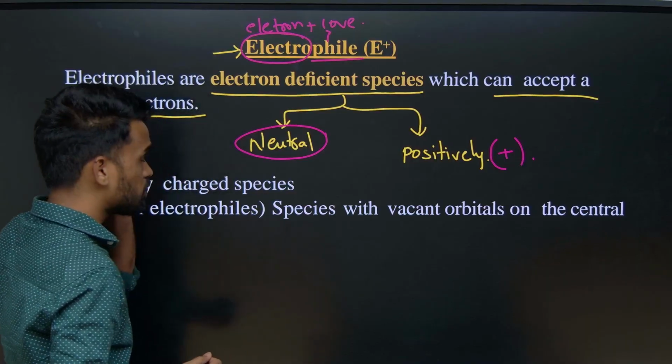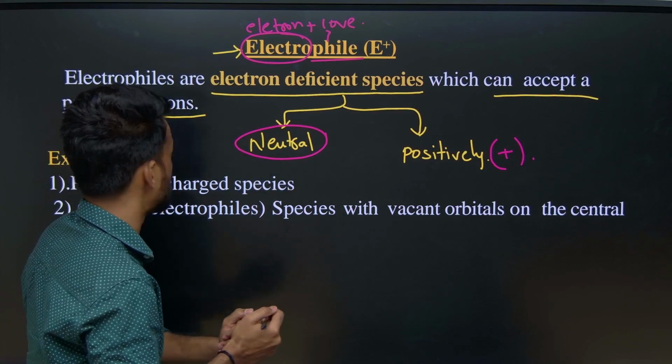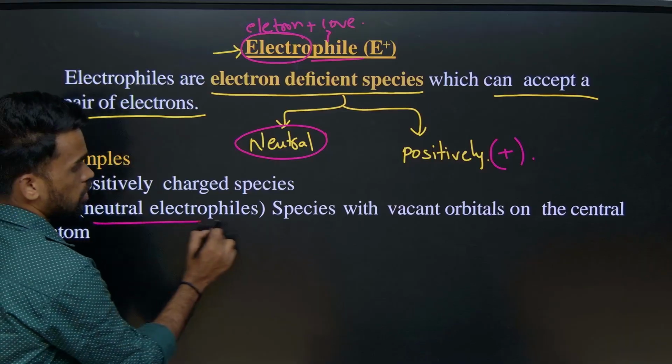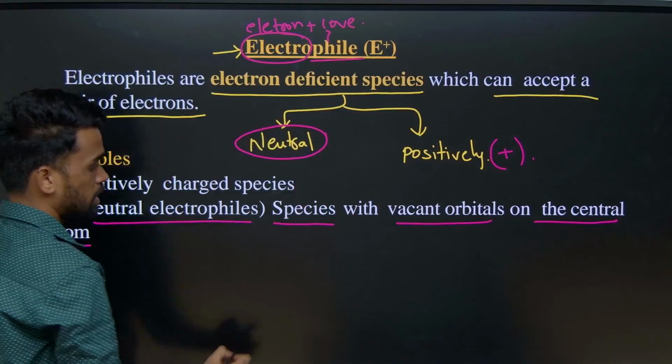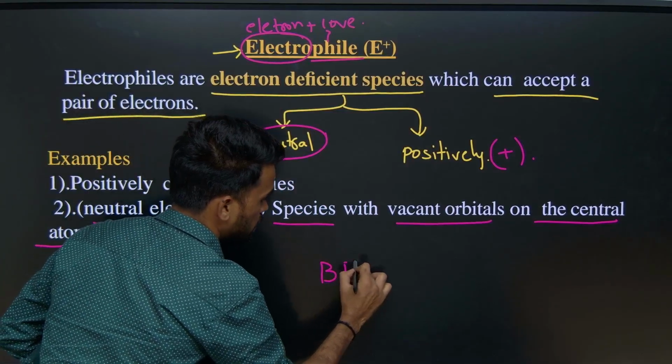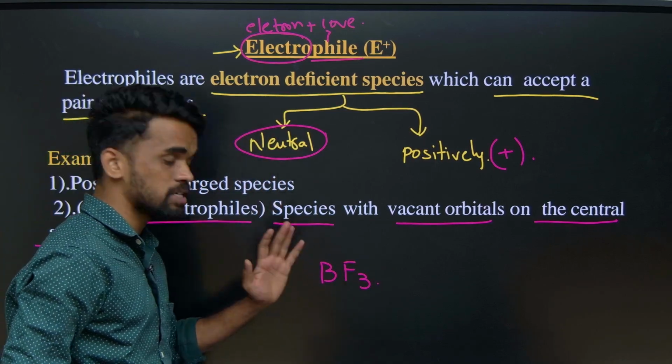Let us see how neutral electrophiles and positively charged electrophiles can be considered here. Neutral electrophiles are species with vacant orbitals on the central atom. For example, take the BF3 molecule. How many electrons are there around the boron?